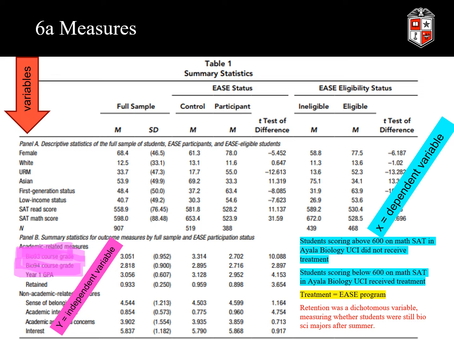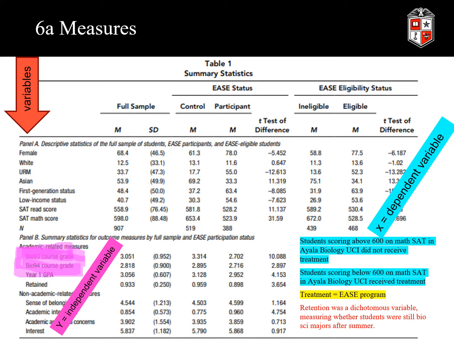The y-axis, or the independent variable, are the outcomes, being the scores in the support classes for biology and chemistry. Again, the x-axis is the dependent variable, or the SAT scores. The y-axis is the independent variable, or the course grades.